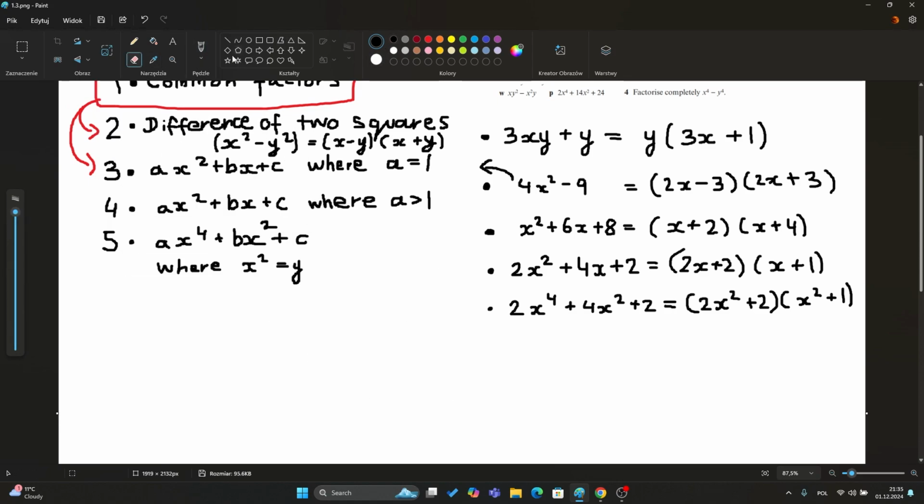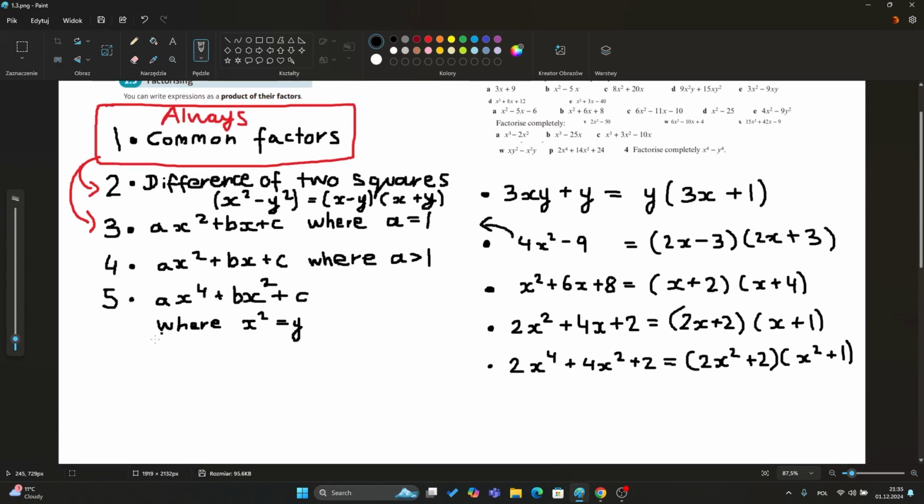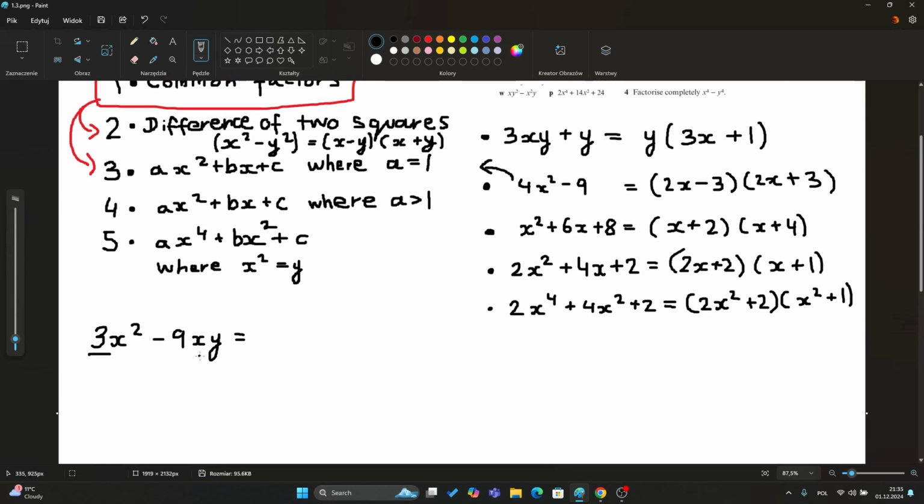The last common factors example will be 3x squared minus 9xy. And now 3 and minus 9 will have a common factor of 3, and x squared and x will have a common factor of x. So the 3x is outside, and the inside is x minus 3y.